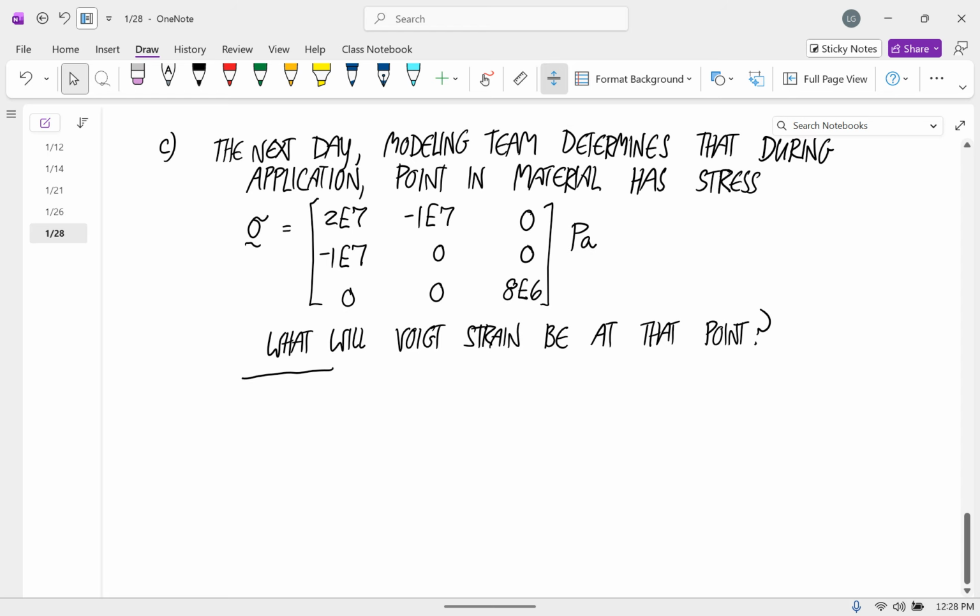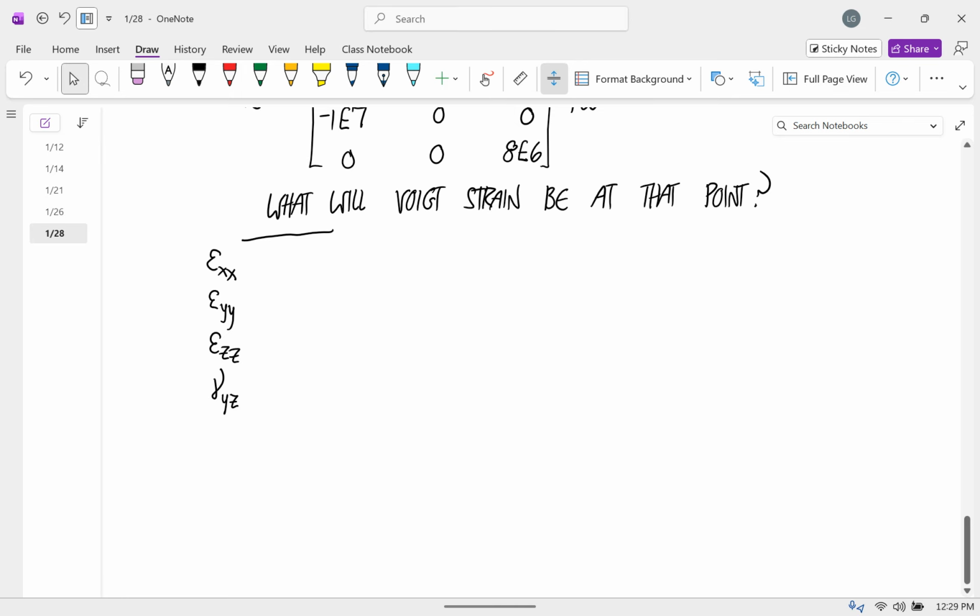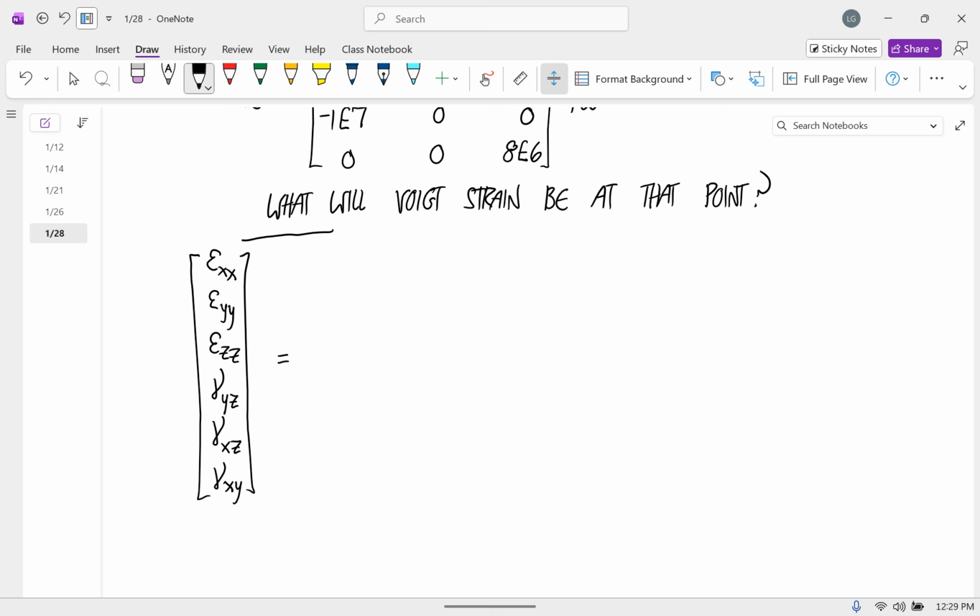Well, the way we're going to calculate this is we're going to say EXX, EYY, EZZ, gamma YZ, gamma XZ, gamma XY is going to be equal to that compliance matrix.